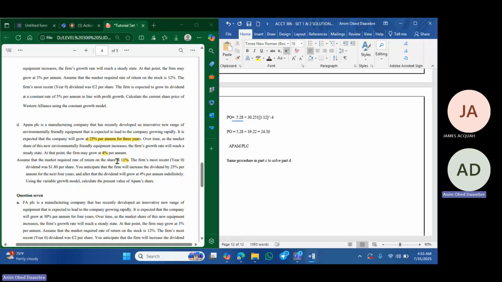Then by the 11%, the value that you get at year 3, you grow it by the Gen 2, which is 11%. Then you find the future value of that. The recent dividend is what? 1.8. So that's what you are going to use to compute for the first 3 years using the formula.